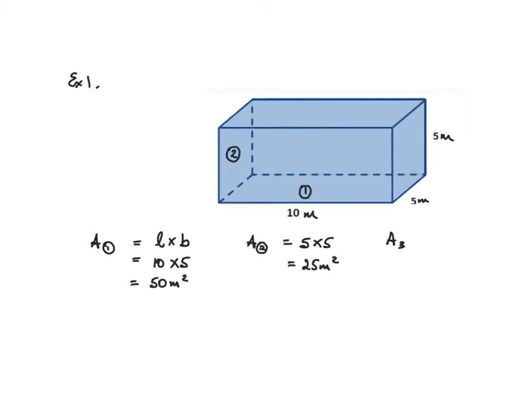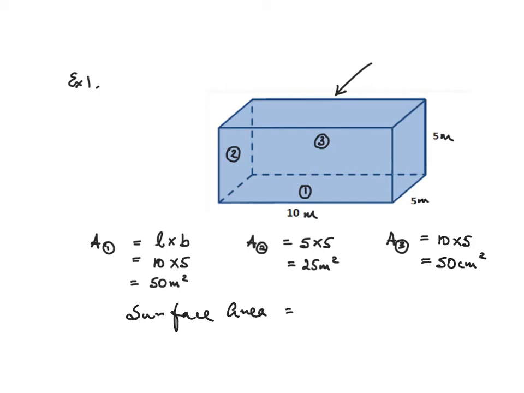And then area 3, well, we could make area 3 the back face, this one here. And it has dimensions, this here is 10, and this here is 5, so 10 times 5. 50 metres squared.